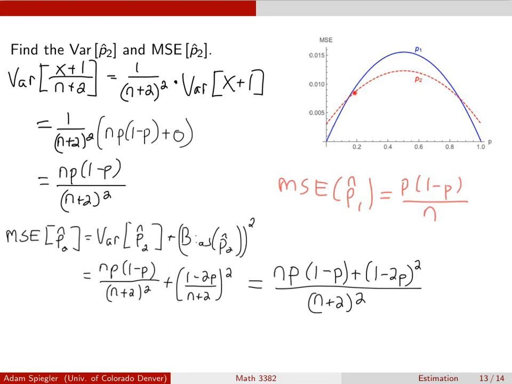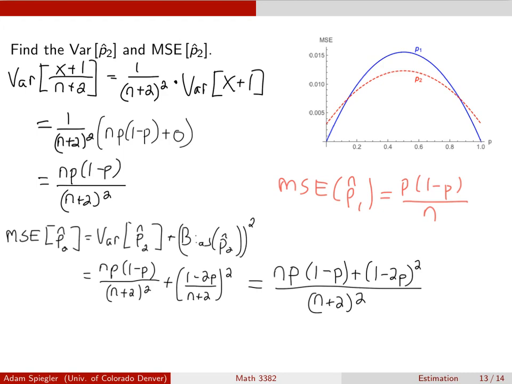And in red, this dashed graph in red, what I'm plotting is the mean square error for this second estimator, which we got by saying, let's add 2 trials to our sample, and let's assume one of them was a success. And so in red, this is the mean square error for this one. So you can see these are both functions of p. And I should say, in this case, I plotted this fixing a value of n equals 16.